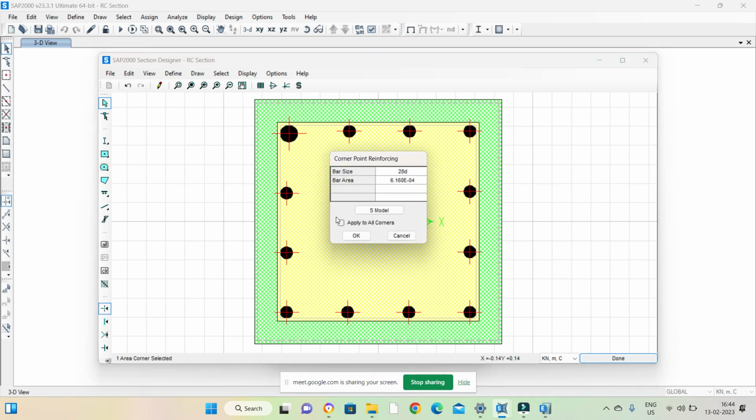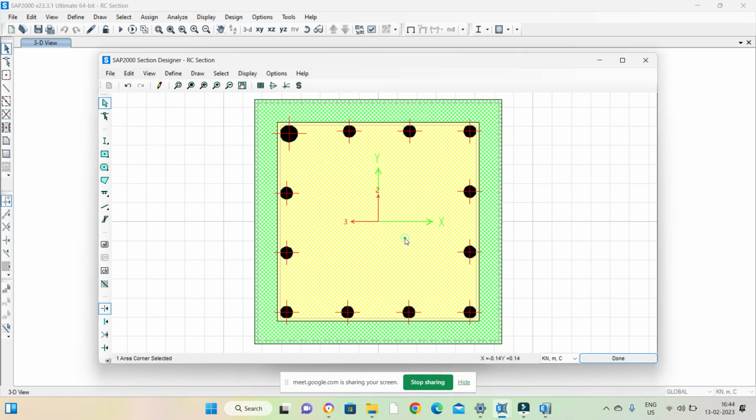Yes, sir. In simple sections, it was like this only. But with the T section, I was having this problem. Okay, then I think it is better to take one new section only. So I'll go back and I'll create one new section.